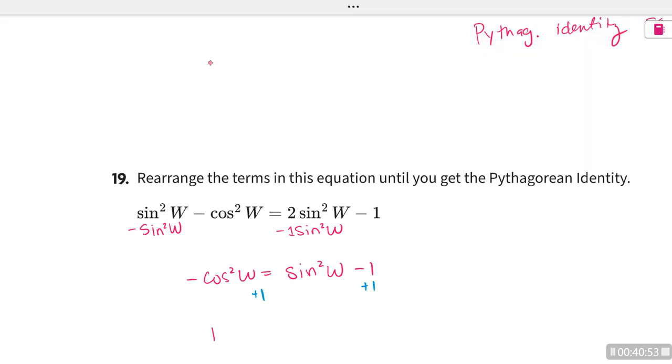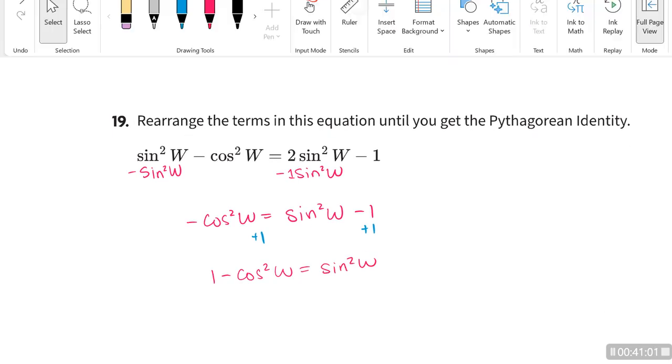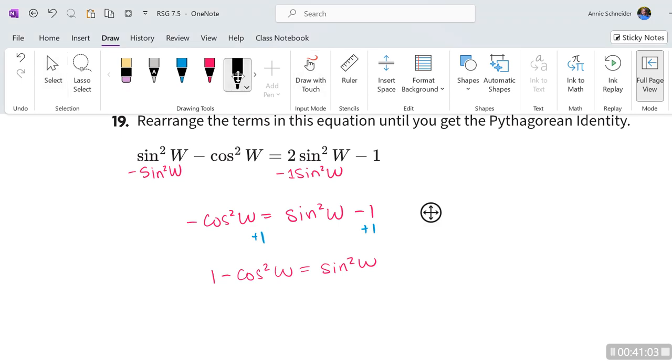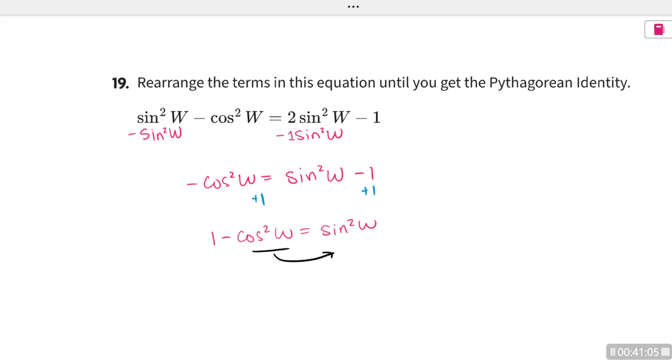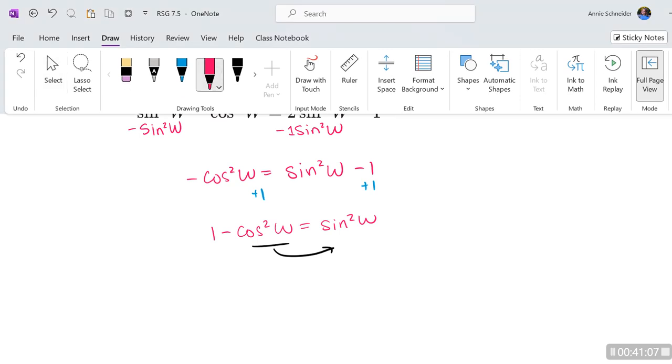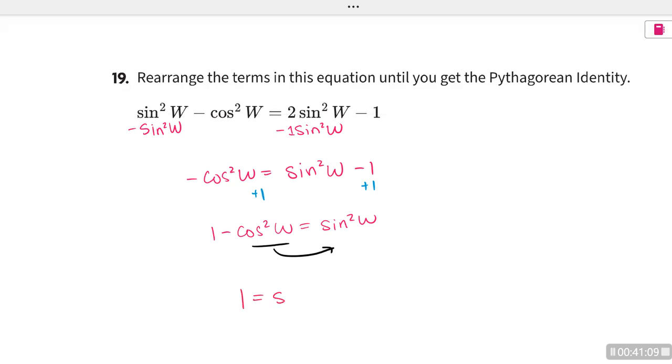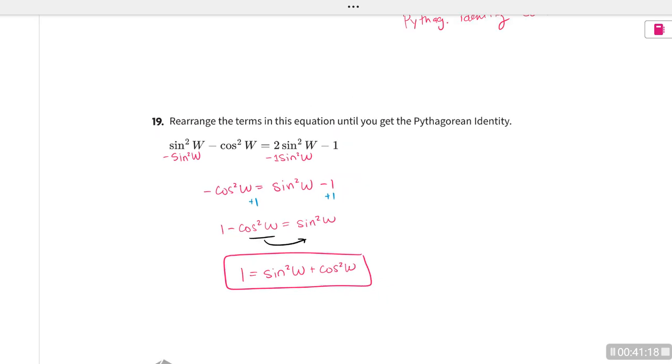So I get 1 minus cosine squared w equals sine squared w. And now I can add that cosine to both sides. So I get 1 equals sine squared w plus cosine squared w, and there's our Pythagorean identity.